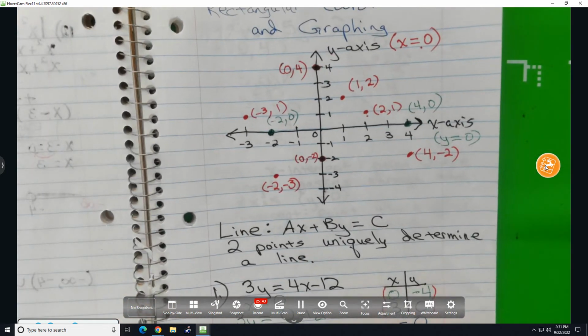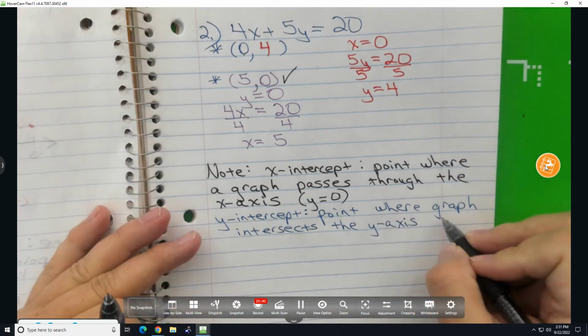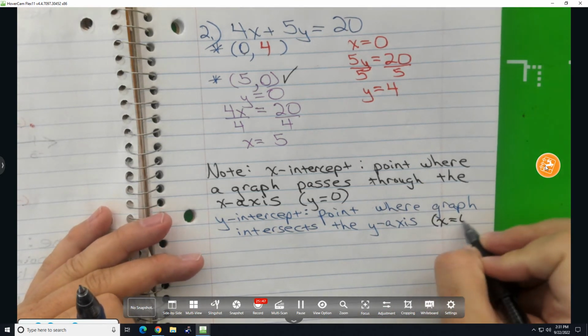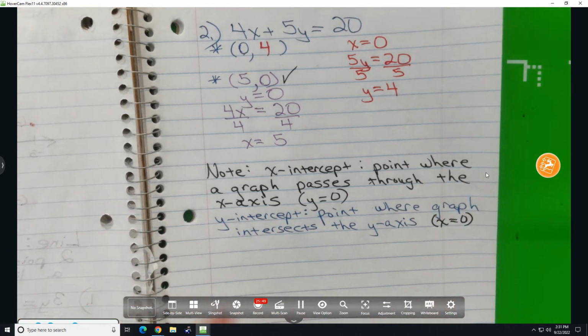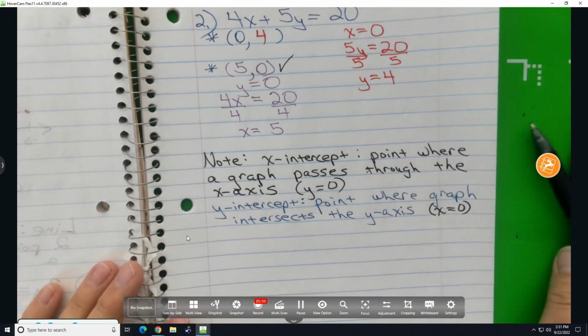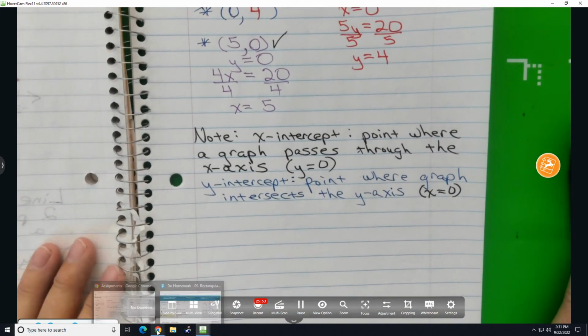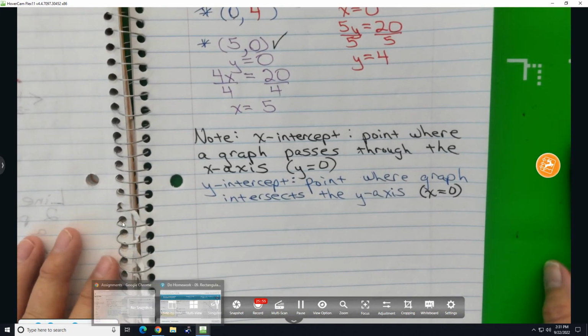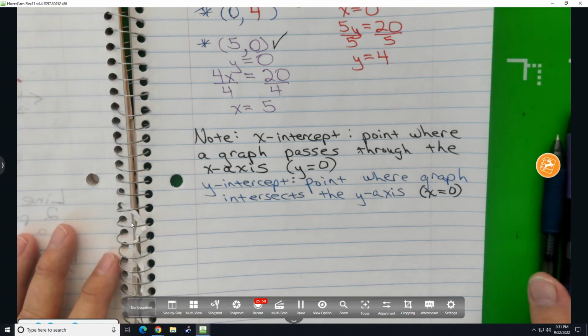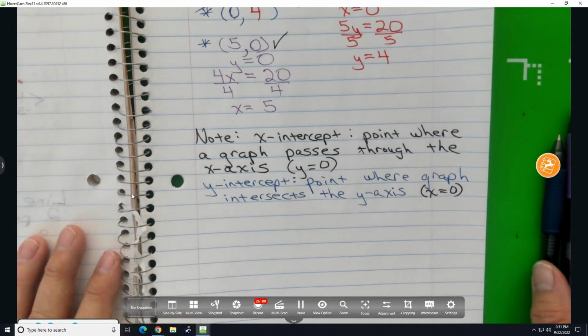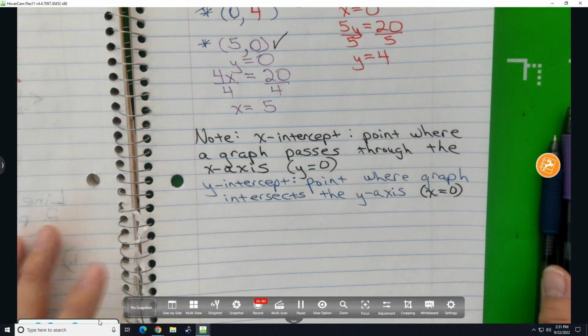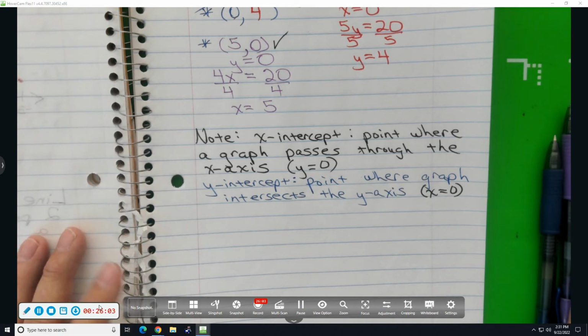The x value must be 0. So if you hear someone talking about the x-intercept or the y-intercept, it's where the graph is just intersecting the respective axes, either the x-axis or the y-axis.